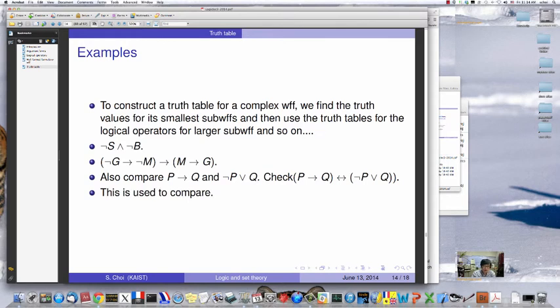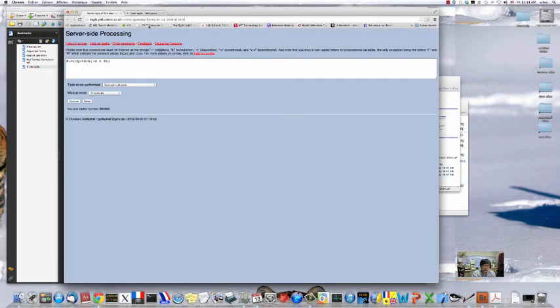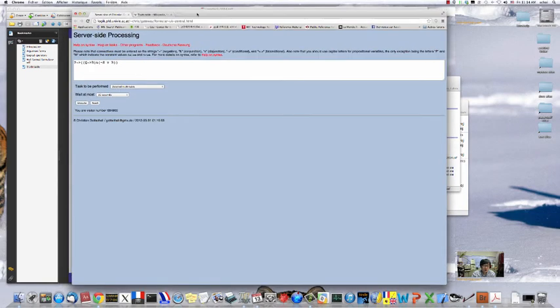So let's try to build some here. If you go to this site, there are many other sites, but let me try first with this.